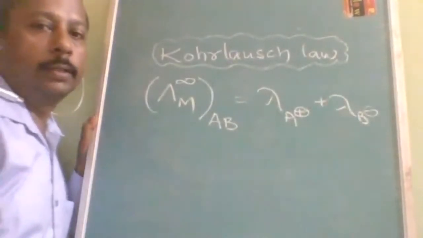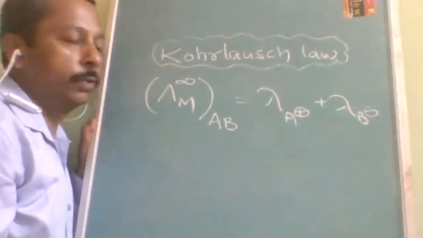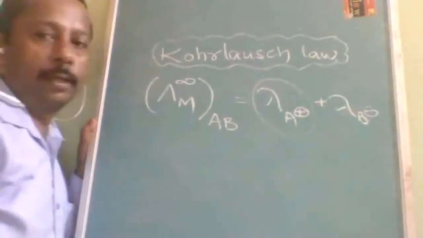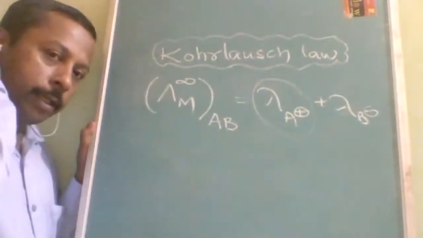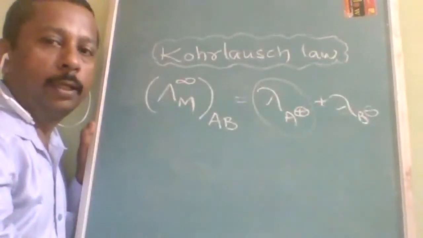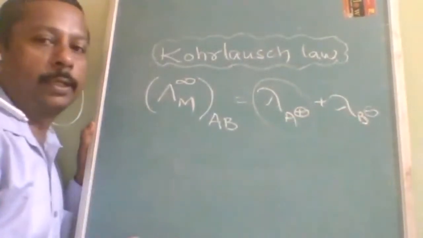Understood? He says that an ion's conductivity is not affected by what it is associated with. This is called independent migration. The conductivity shown by A will be fixed irrespective of the element with which it is attached.